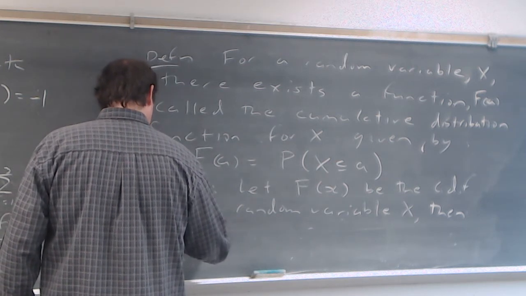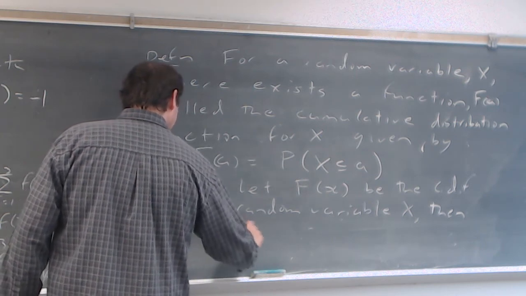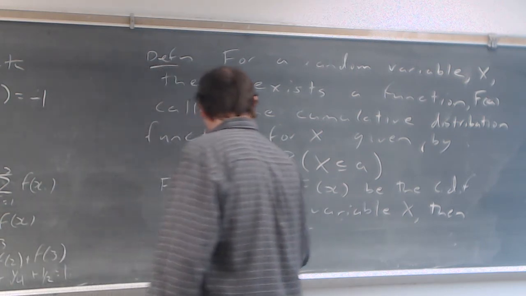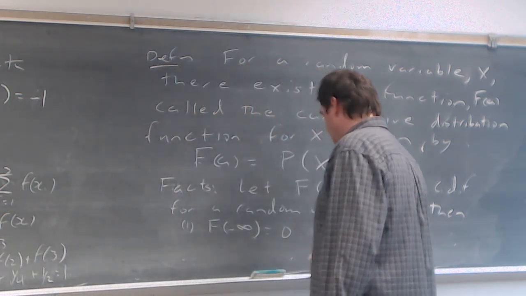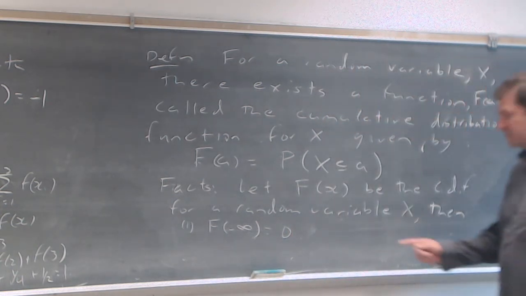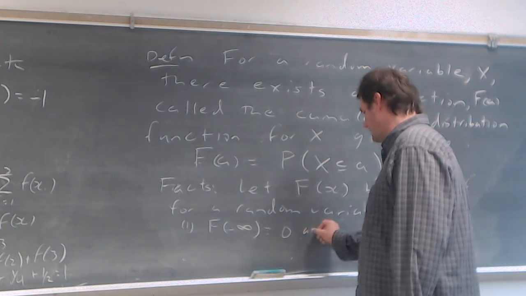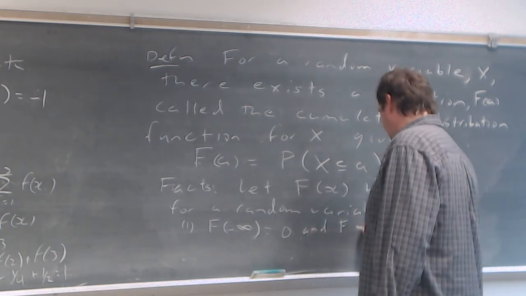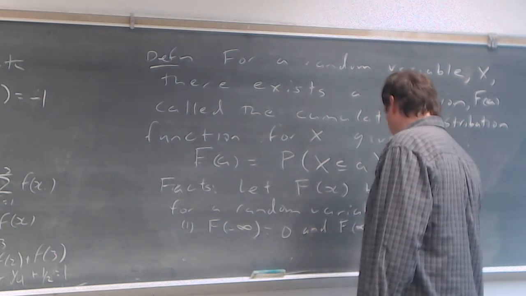In some sense, F of minus infinity is going to be equal to 0. If you take the limit as A goes to minus infinity, you're going to get 0. And F of infinity is going to be equal to 1.